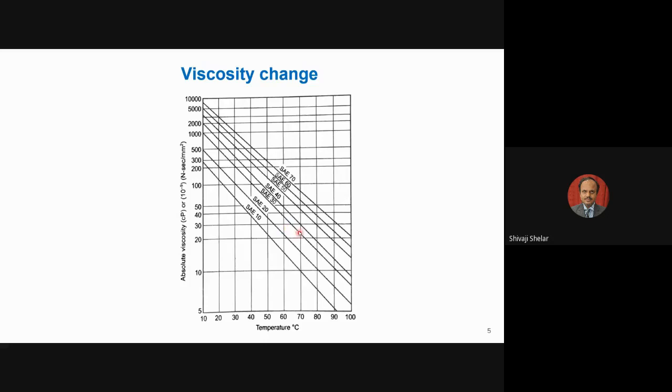If you compare the slope of the SAE 70 graph and the slope of the SAE 10 graph for the same temperature range, the slope of SAE 10 is greater than the slope of SAE 70. That indicates that the viscosity of SAE 70 oil changes less compared to SAE 10. Here the change is more, here the change is less.